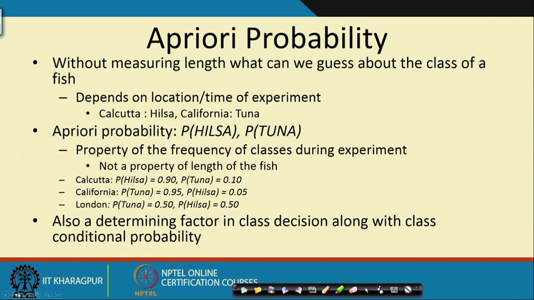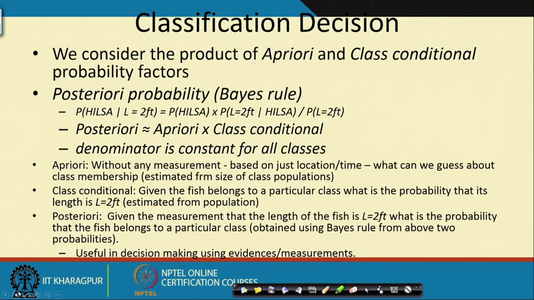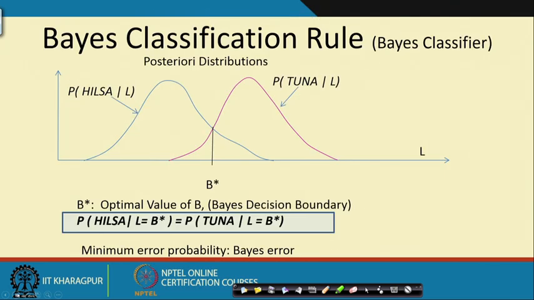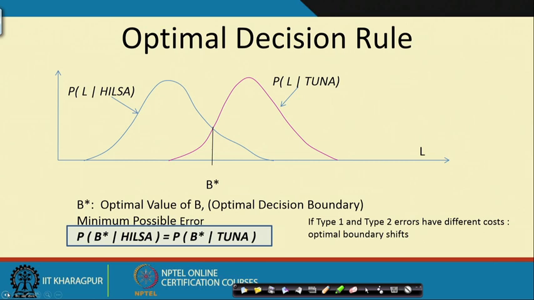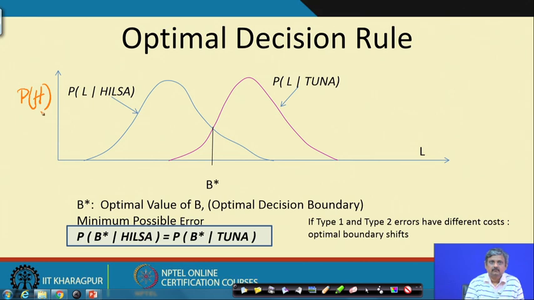So, what I do is the following. In my original curves, I multiply this class conditional curve by this a priori probability, and I multiply this class similarly by this a priori probability.